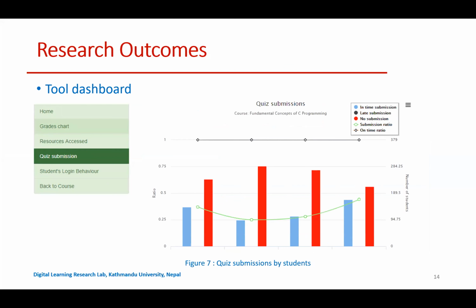And for each of these bar graphs or visualizations, if the educator clicks on it, they get an option to message this group of students regarding why they are not accessing the course, or maybe they can just send a bulk reminder to the students by clicking in this chart.